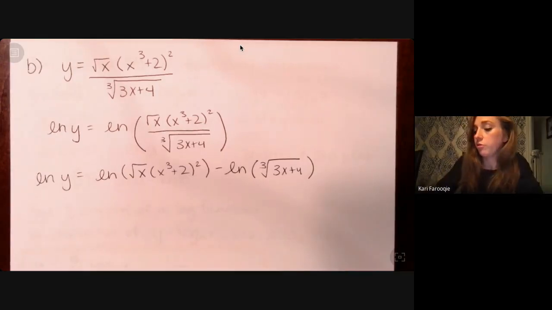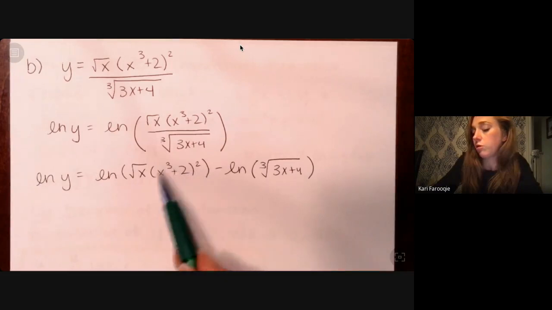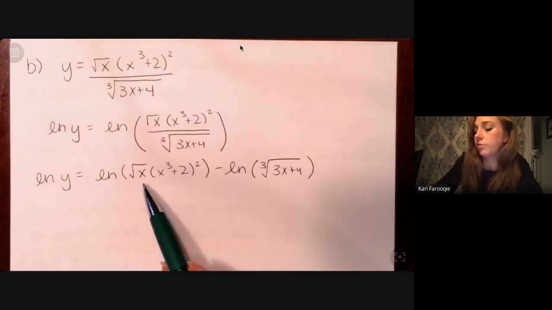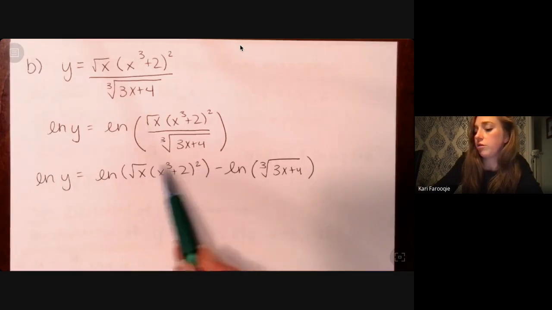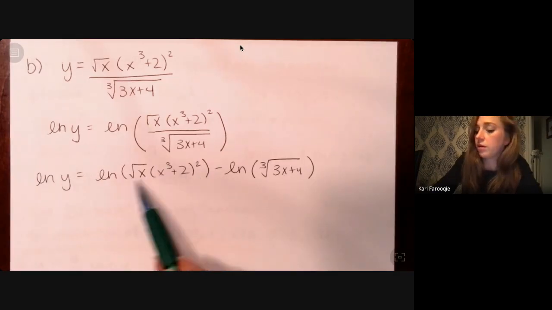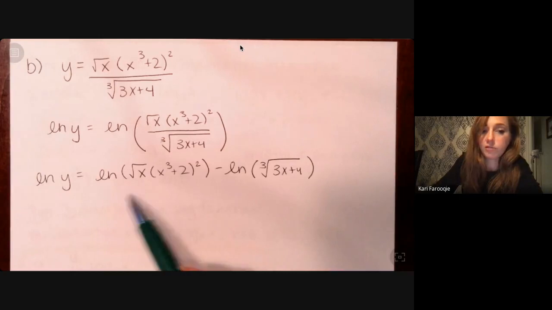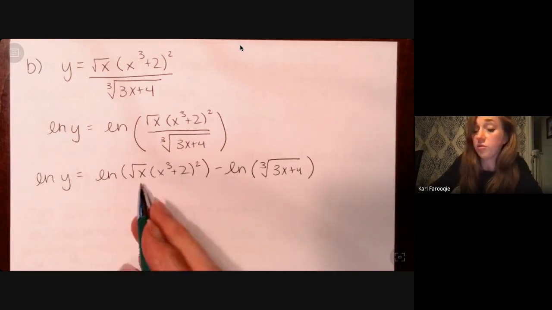So you're going to also notice that before we can use that power rule, we have to actually split this up. I need to have the power only applying to one quantity. Or I'm sorry, it has to apply to any quantity in there. And right now, the square only applies to the x cubed plus 2, does not apply to the x. So I'm going to have to split this up, but that's okay because it's a product.